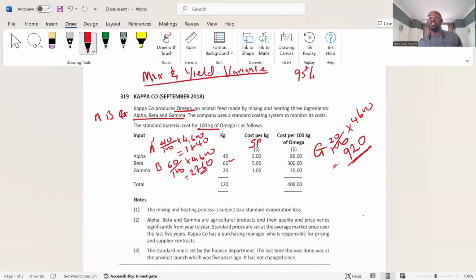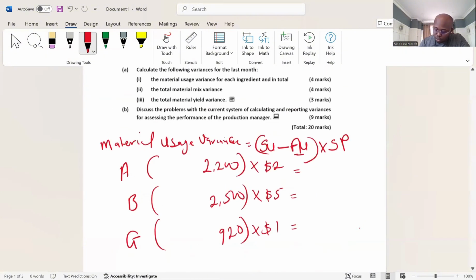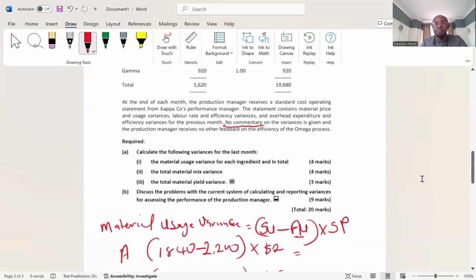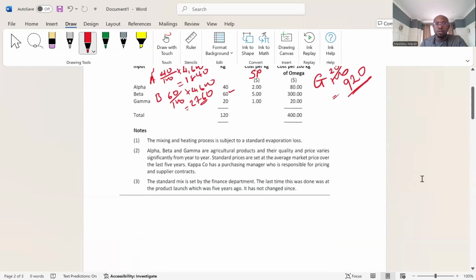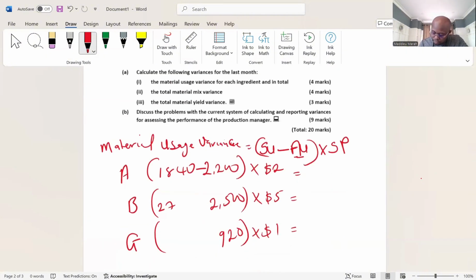Now I have my standard usage for alpha, beta, and gamma. So let me put the figures: 1840, 2760, and here I have 920. So you see, I have my figures.